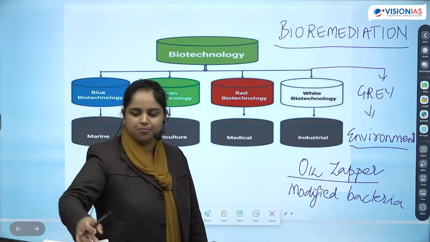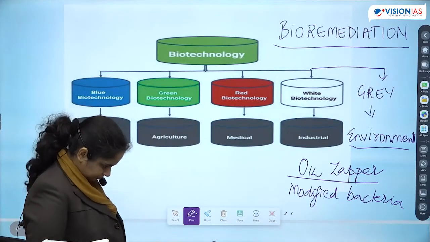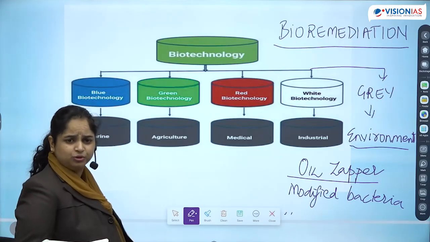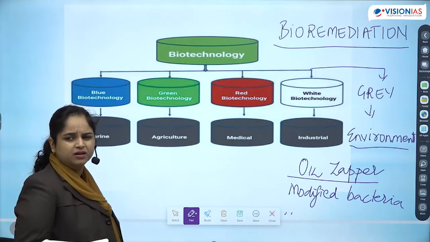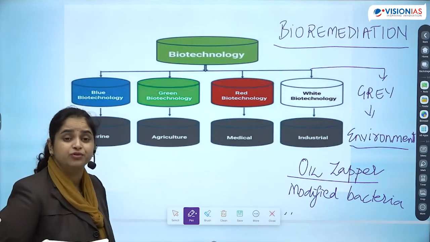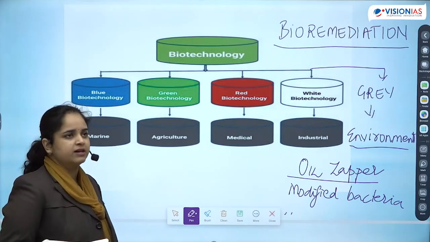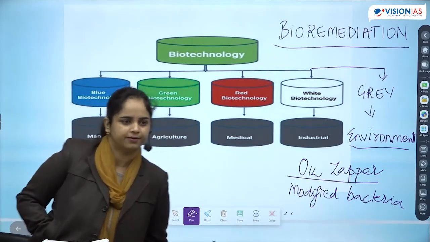I'll give an example of white biotechnology too, in an industrial setup. Of course we can have the pharmaceutical sector as one consideration, but other than that there are also a lot of chemicals and things like dyes which we can produce with the help of living organisms. Think of an example where suppose you are creating a dishwashing bar.